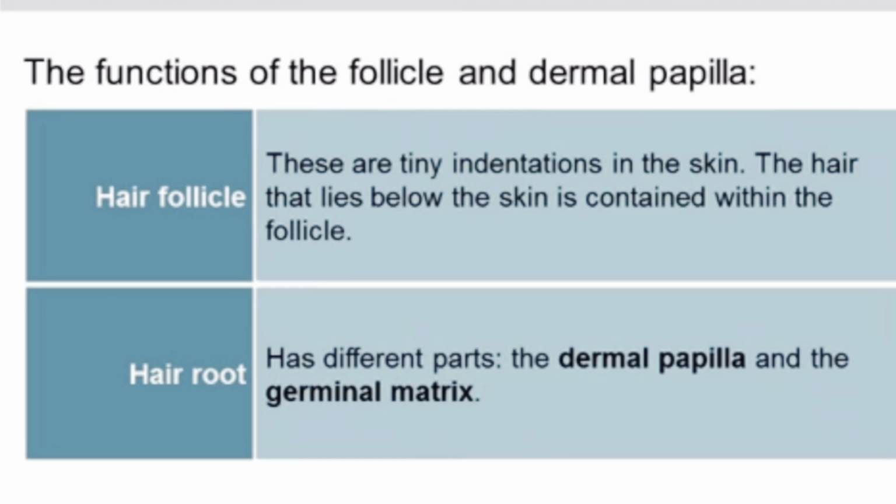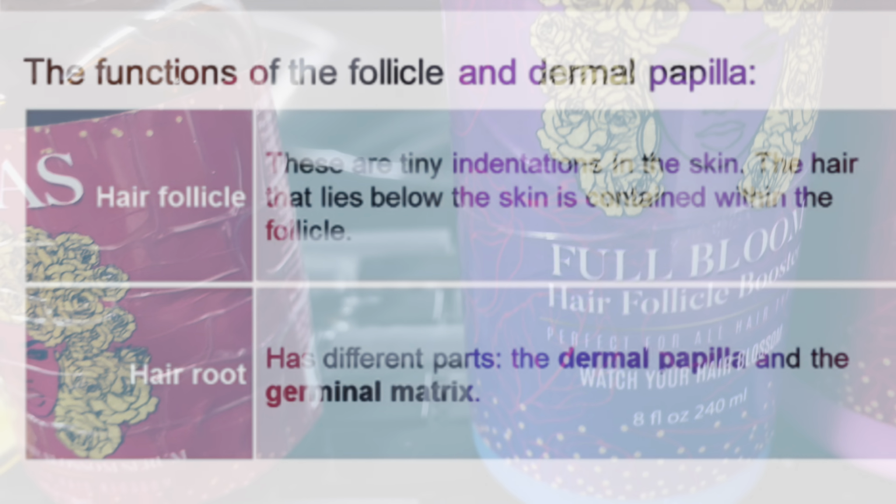The functions of the follicle and dermal papilla. Hair follicle. These are tiny indentations in the skin. The hair that lies below the skin is contained within the follicle. And the hair root. It has different parts, comprising of the dermal papilla and the germinal matrix.